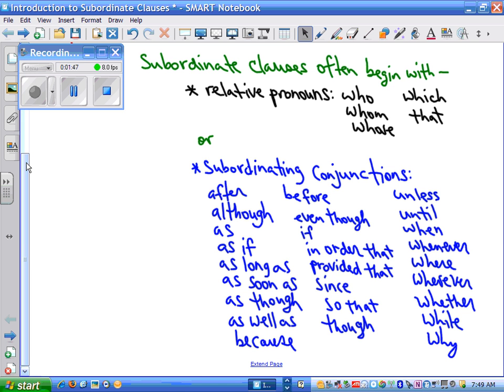We also have these subordinating conjunctions, and I've listed for you on the screen the most common ones, words like although, because, since, while. These subordinating conjunctions often begin clauses that may start a sentence or end a sentence, and frequently will include a comma with that clause.